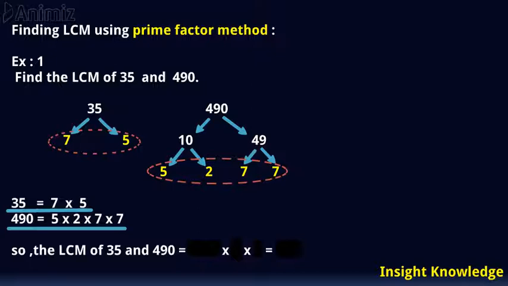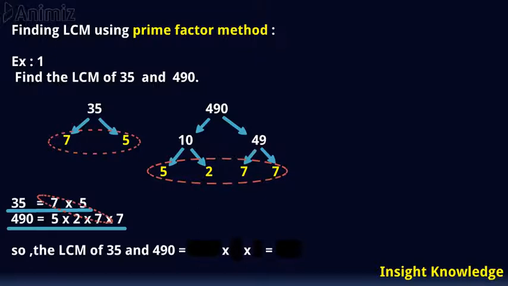Let's see what it is. See students, what are the factors of 35? 7 into 5. Watch it clearly. The 7 into 5 is already present in 490. You can see it? Fine. So what you have to do is, see the first number 7 is already present in 490, so no need to write it twice, write it only once.